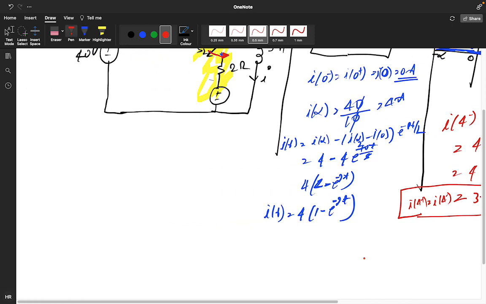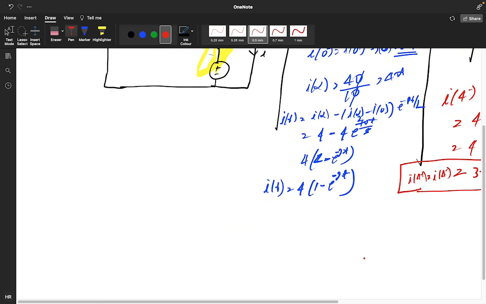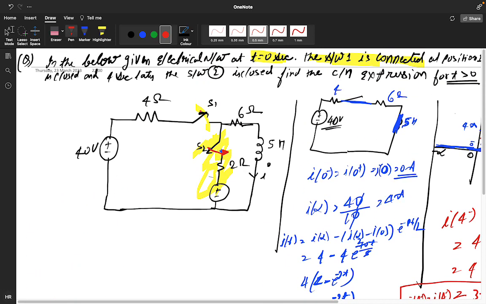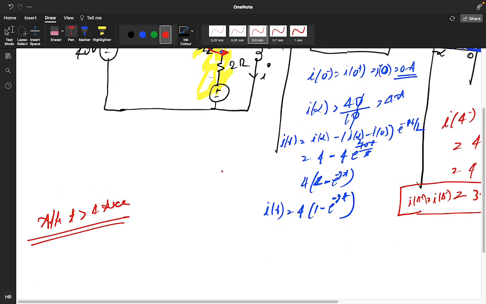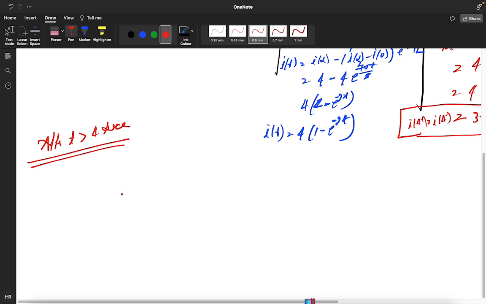Okay, now after t greater than 4 second, my circuit will become like what? It will connect to S1 also, it will connect to S2 also.